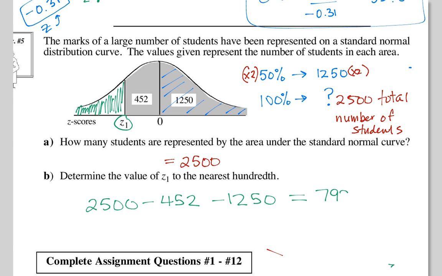798? Okay. 798 what? Sheep? 798 donuts? Students. Okay, 798 students. But we're trying to find Z. A z-score has a certain area or a certain probability attached to it. So what would the probability be for 798 students out of a total of 2,500? You have to find that ratio.